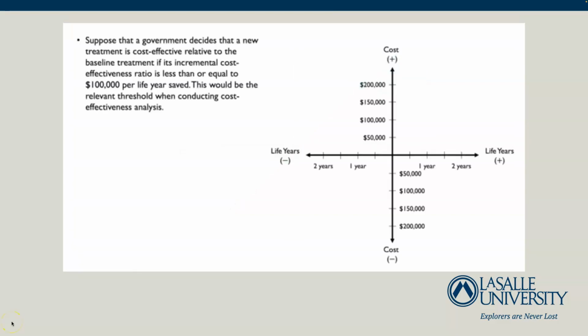So suppose that a government decides that a new treatment is cost effective relative to the baseline treatment if its incremental cost effectiveness ratio is less than or equal to $100,000 per life year saved. This is going to be the relevant threshold when conducting cost effectiveness analysis.